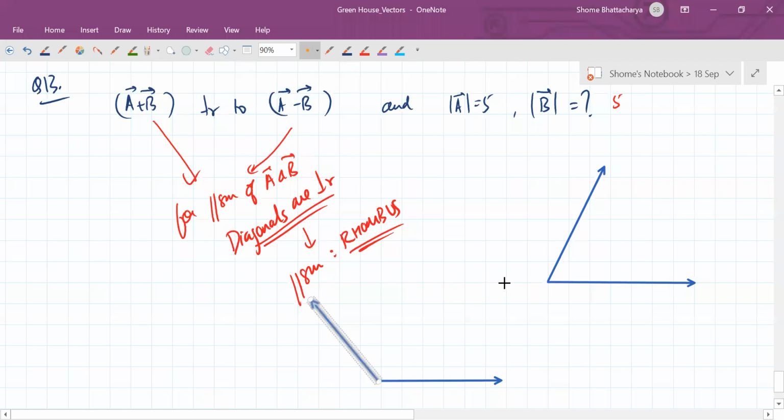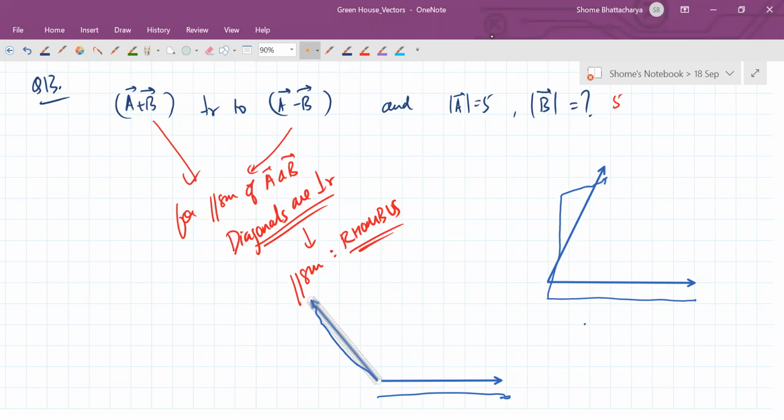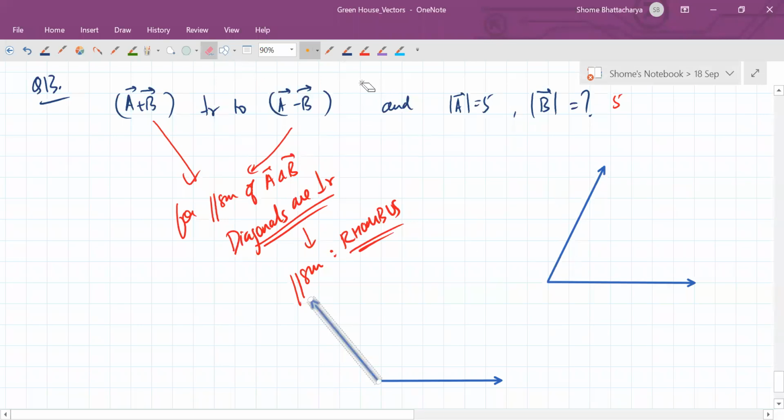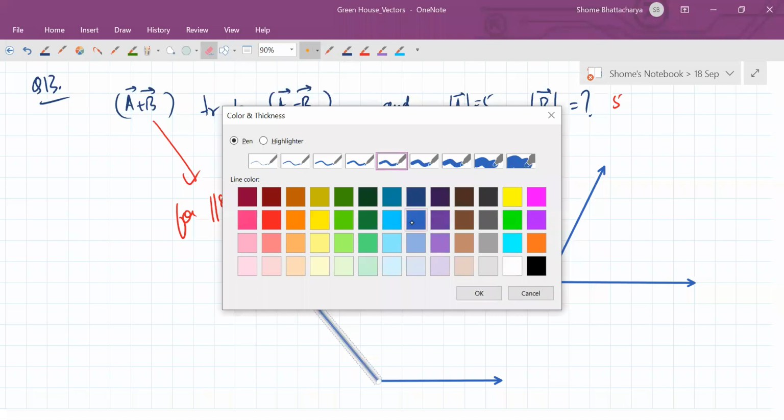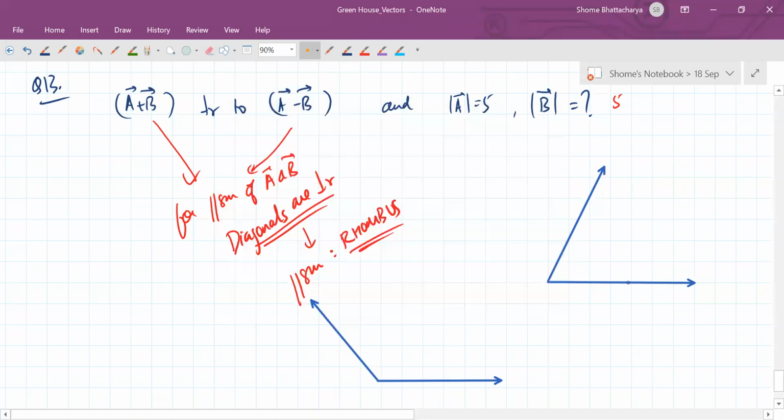But the important thing is that if this side is equal to this side is equal to this side, in that case the diagonals will be perpendicular to each other.